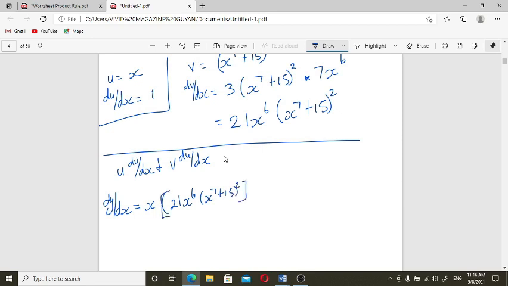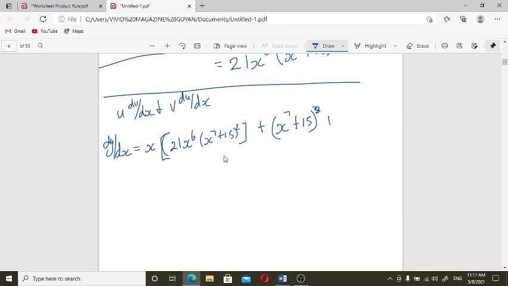So square bracket there, plus v, which is (x to the 7th plus 15) raised to the 3rd power times 1. So this is just itself. Now, at this stage, what you should do, and I'll say as a practice, is this and this, multiply them out.